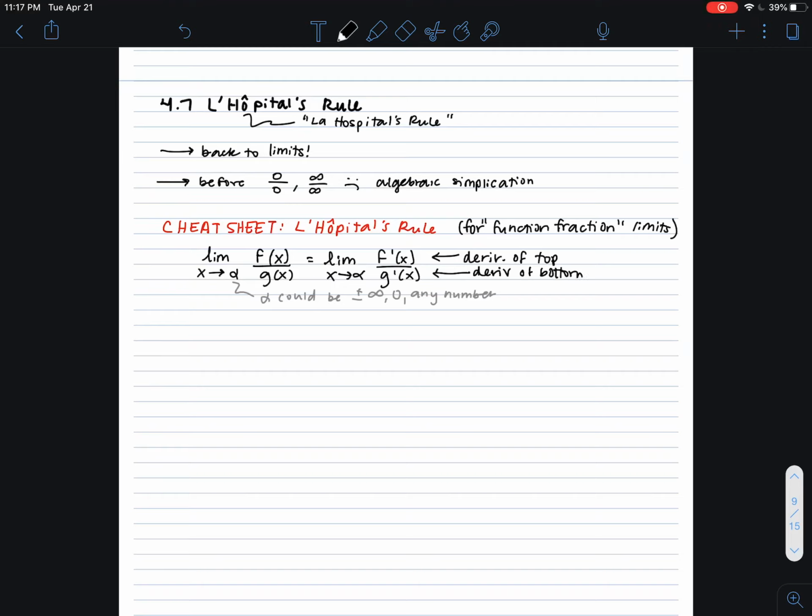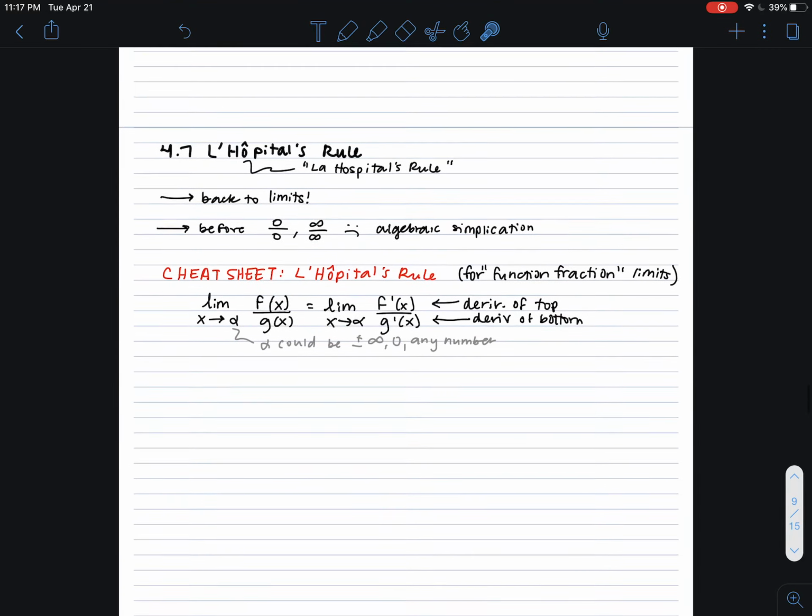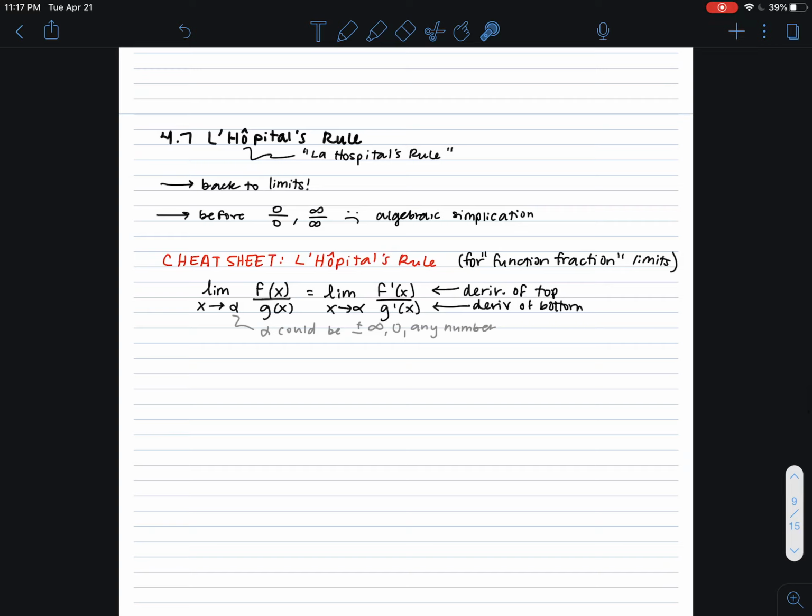Now, I do want to point out one thing so that you guys don't get confused. This right here is not the same as the derivative of our original function, because remember, the derivative of a function over another function requires the quotient rule, which is low d high minus high d low over low low, which is not what this is equal to.